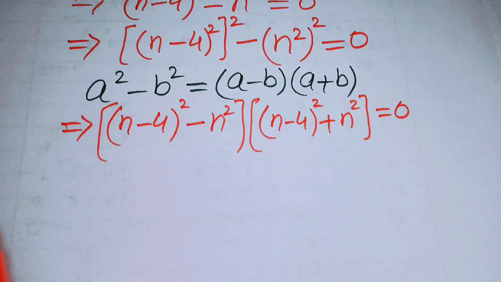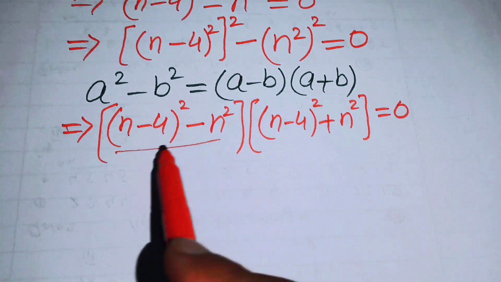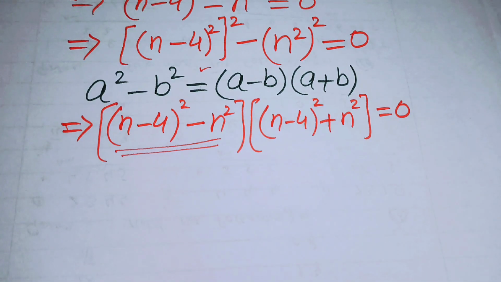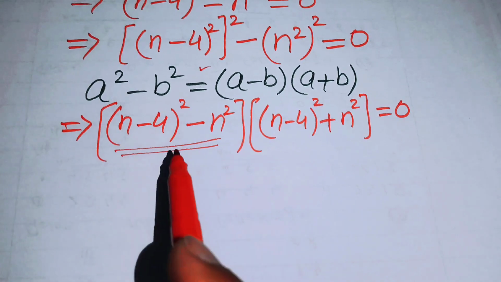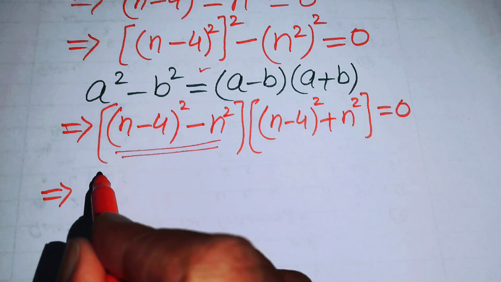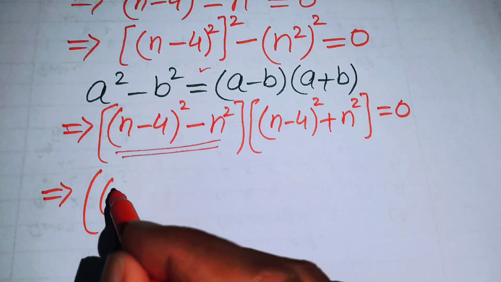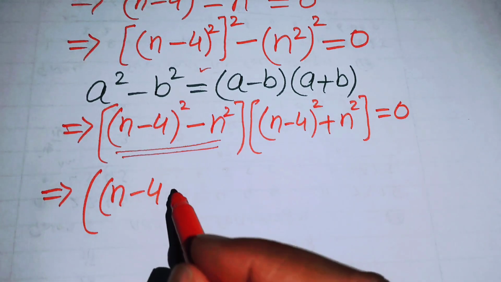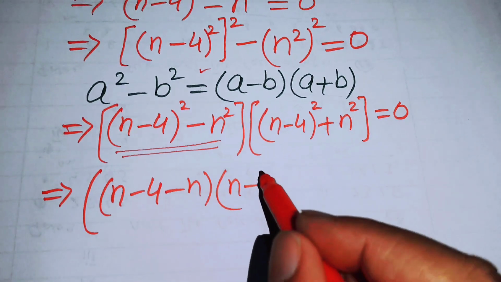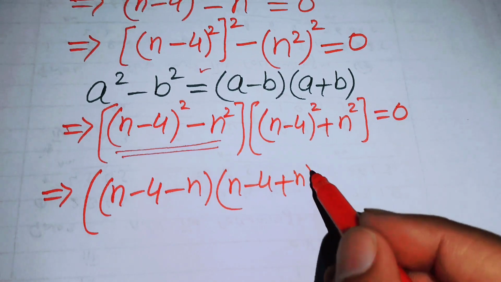And again you will see we can apply this formula on this term, so when we use this formula, you will get the output of these terms as (n minus 4 minus n) into (n minus 4 plus n).